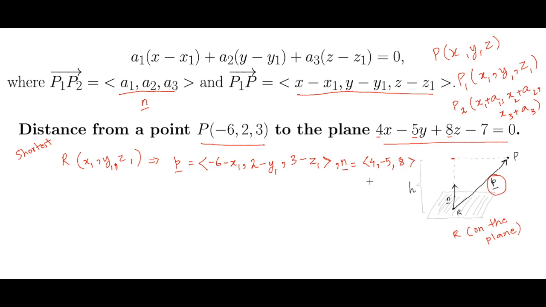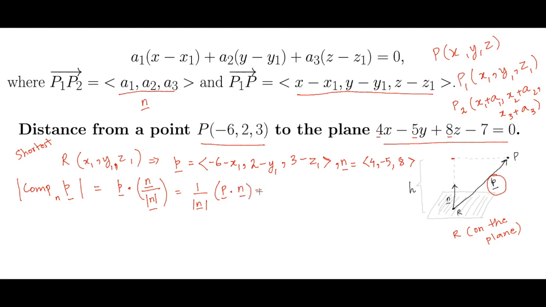Now we have to take the component of P in the direction of n, and then take the magnitude of that. What is the formula? It is the dot product of P and the unit vector. I can also take the magnitude outside and say P dot n.